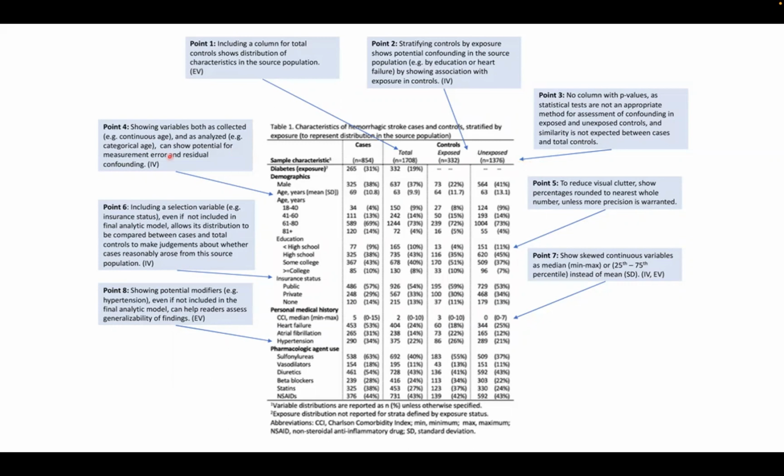And then their fourth point is showing variables as collected, as continuous and categorical. You don't have to do this, but I thought it was nice to see a couple different ways to present some variables like age that can be displayed as categorical or as linear.